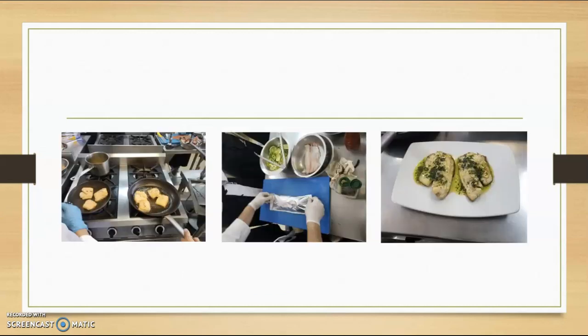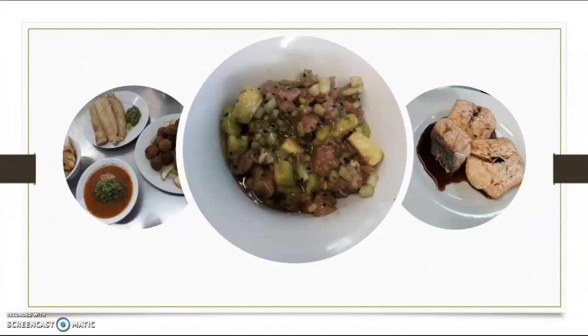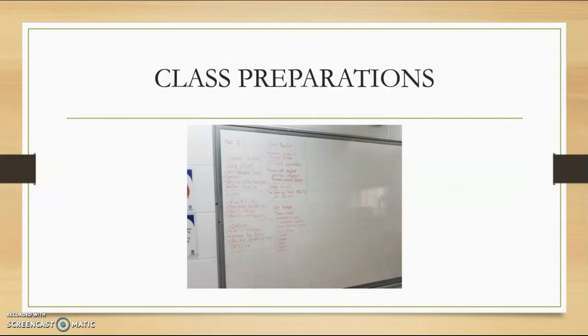This was the process with the class, and this was the result of the tuna. This is the salmon. Here we have a trout.